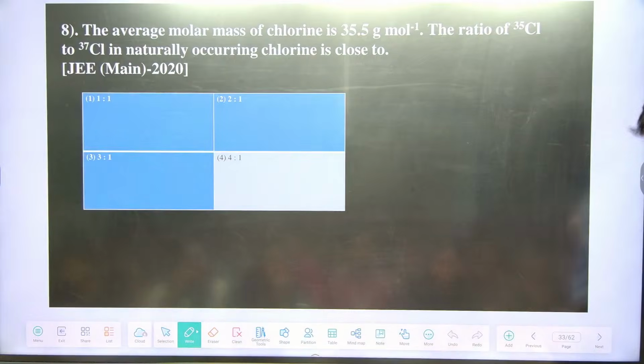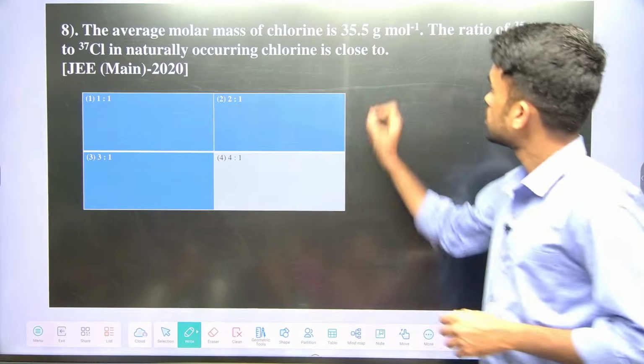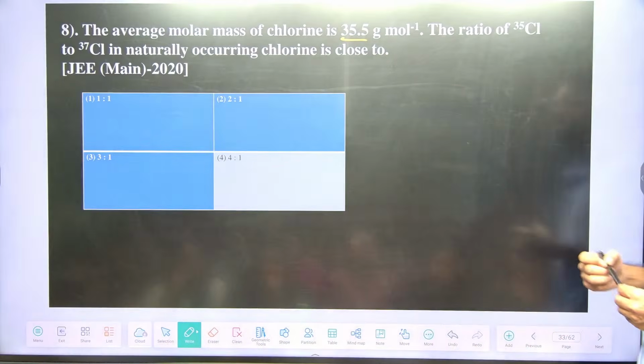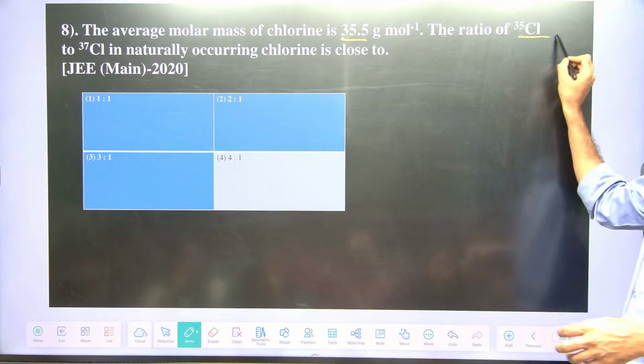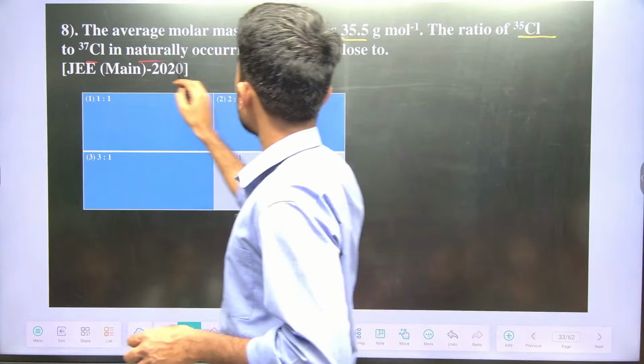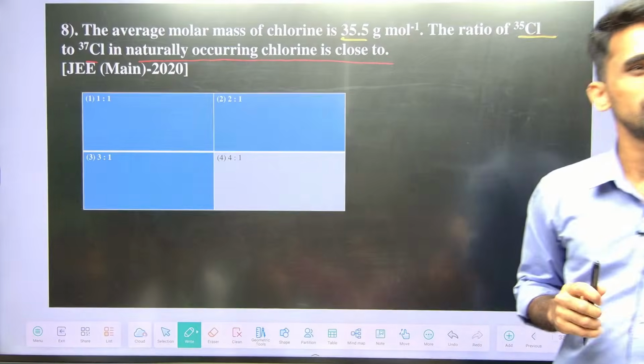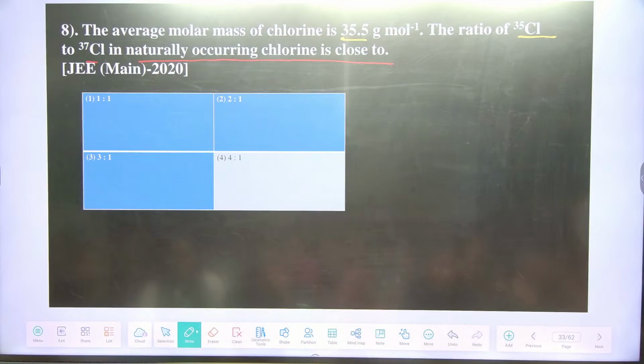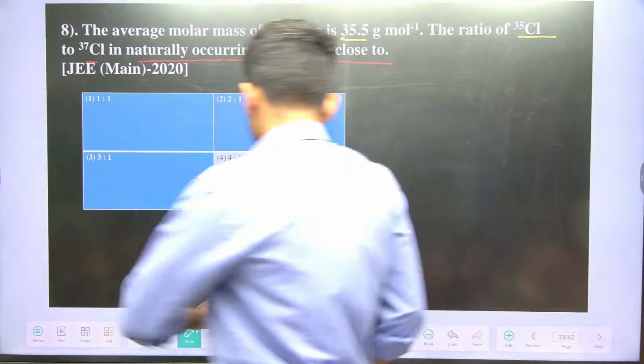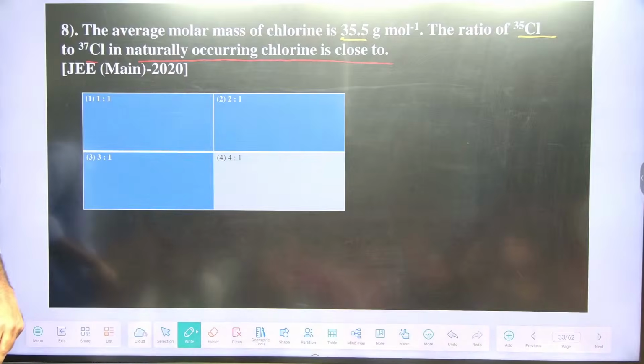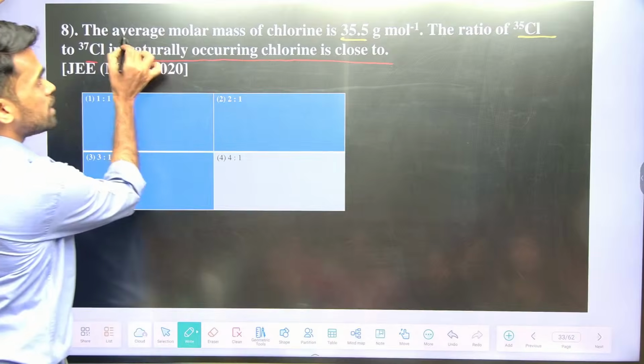This one. The average molar mass of chlorine is 35.5. The ratio of Cl35 and Cl37 in naturally occurring chlorine is close to. Okay, see, it's an average molar mass of chlorine.